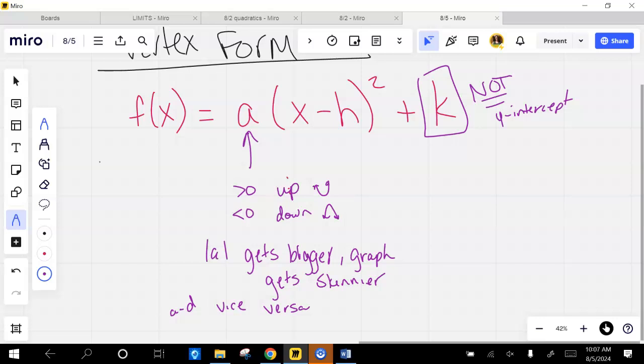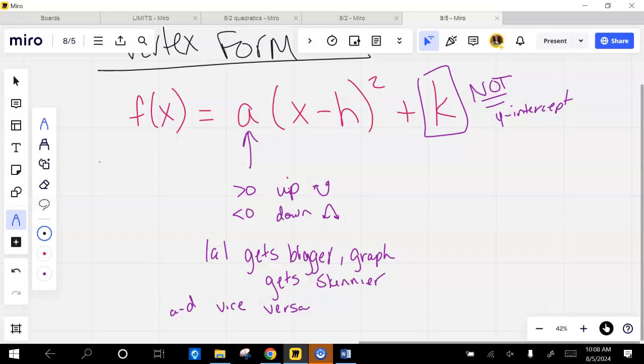But if I asked you the hardest part of graphing in standard form, what would you tell me that was? Which step was the hardest for you to do? I agree. Finding the vertex, right? You got to plug into a formula, then you got to take that and plug that back into the formula. The nice thing about this is it gives me the vertex.